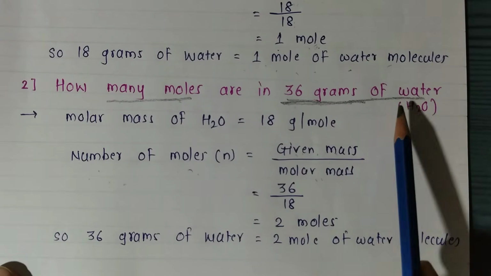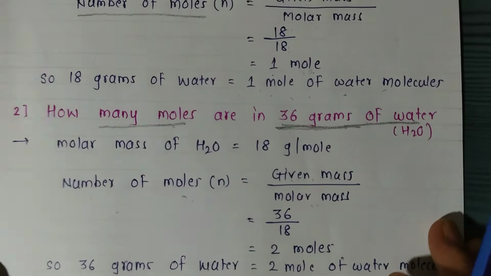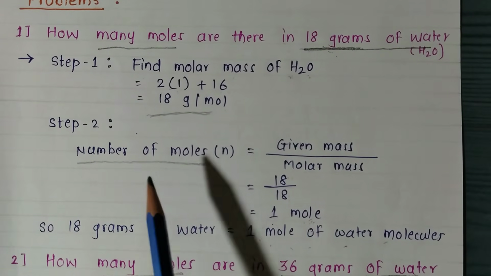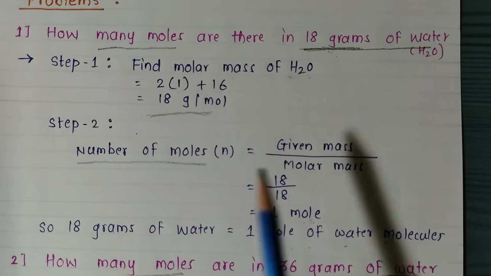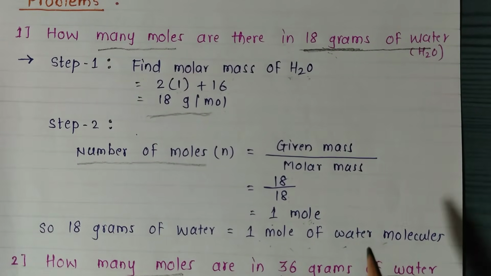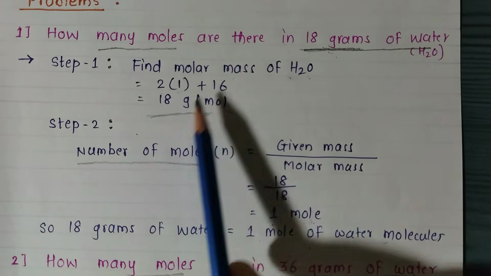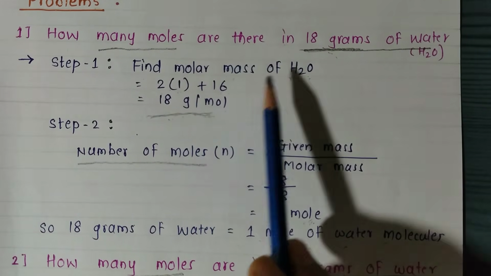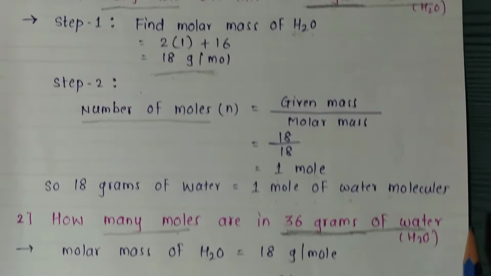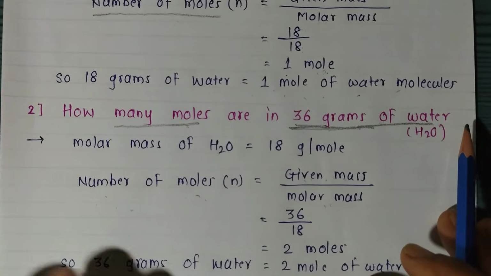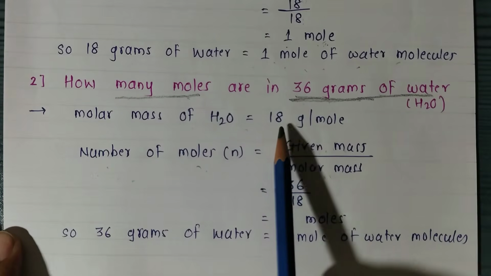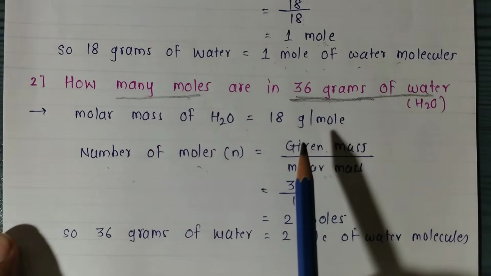So what is the molar mass of water? As we know, previously we calculated the molar mass of water, that is 18 gram per mole. 18 gram per mole is the molar mass of water.